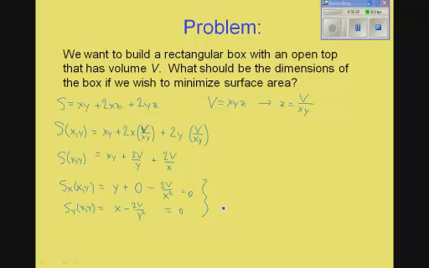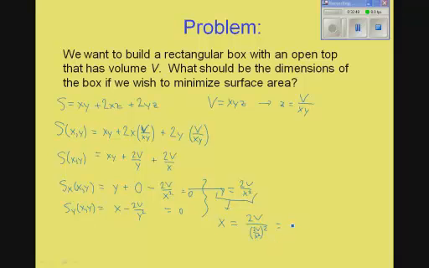This is where, you guys notice on the homework, the algebra can get tricky. I think what I would do is take that first equation and say y equals 2v over x squared. And now I'll substitute into the second equation. So I have x equals 2v over, and I would put that 2v over x squared in for y.